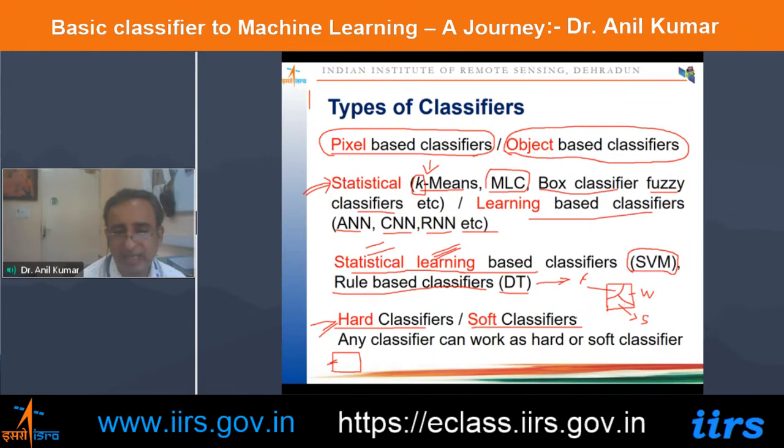So in that case, we have to go for soft classification using the fuzzy logic concept, from which we can get fraction images. And this soft approach comes from soft computing. So this can extract these classes in the form of membership value mu, and this can represent forest as 0.3, water as 0.3, and settlement as 0.4.